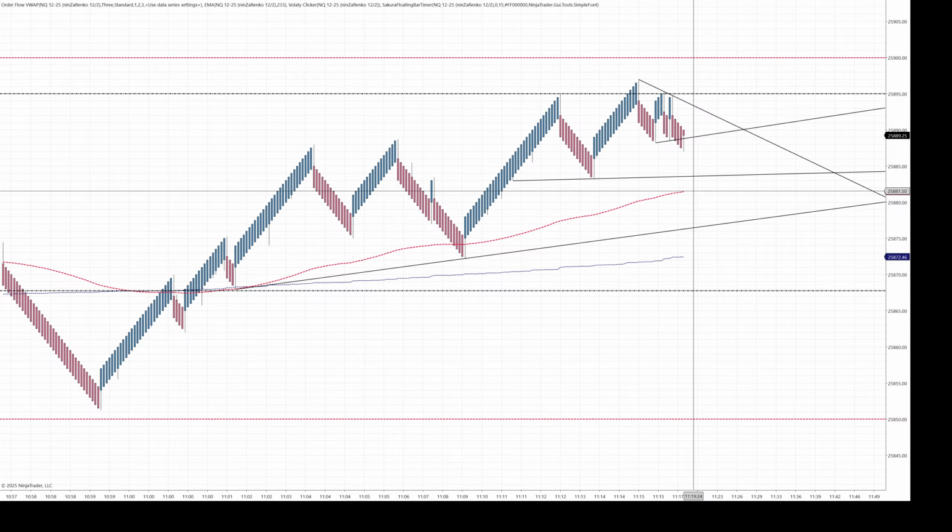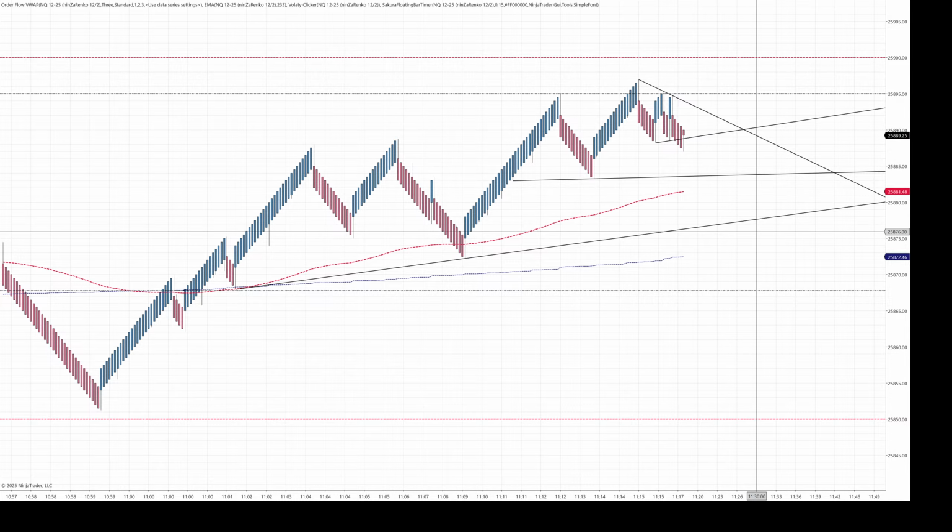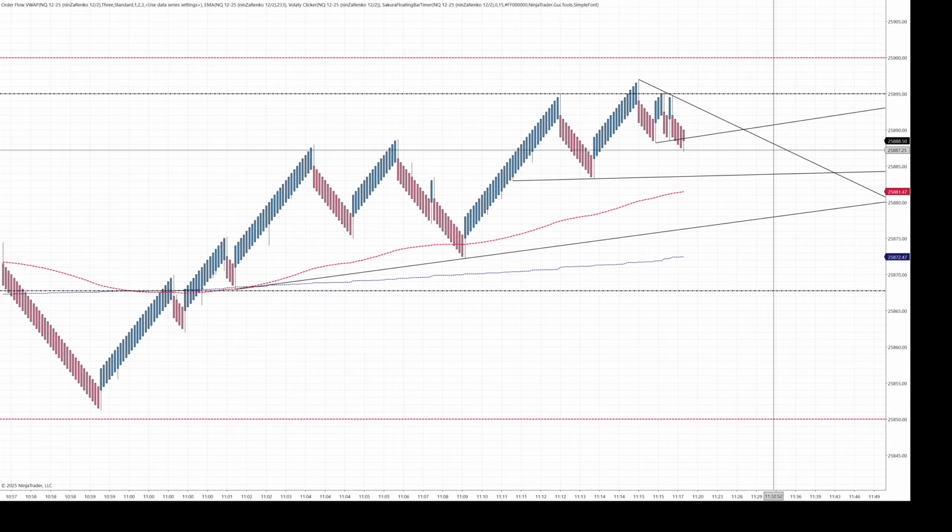Okay, so if we come down to the T line, we probably don't have enough room to go back up because of this downward trend line here.